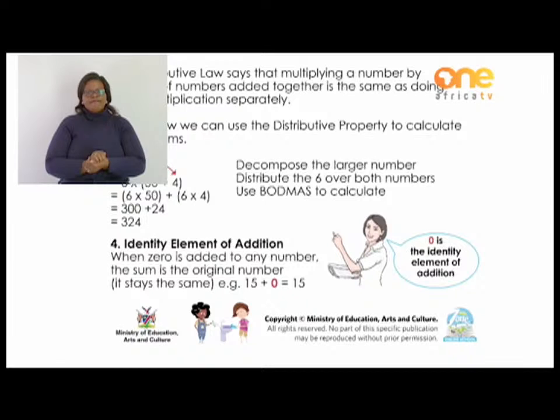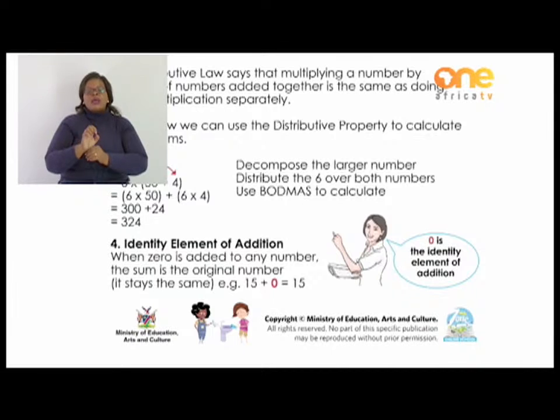Also at number 4, we need to know the identity element of addition. And if you look, there's a picture of a learner or a teacher trying to explain what is inside that message box. 0 is the identity element of addition. 0, which is written in red, is the identity element of addition.